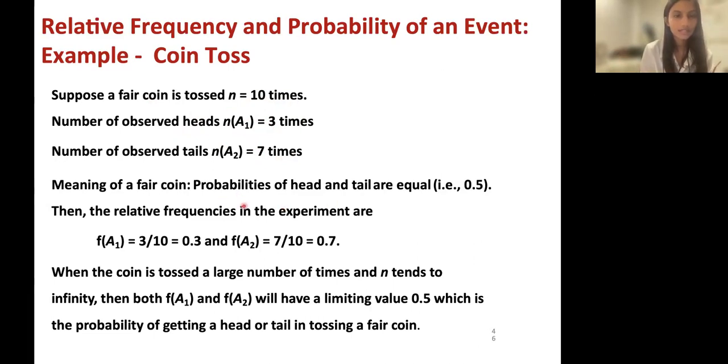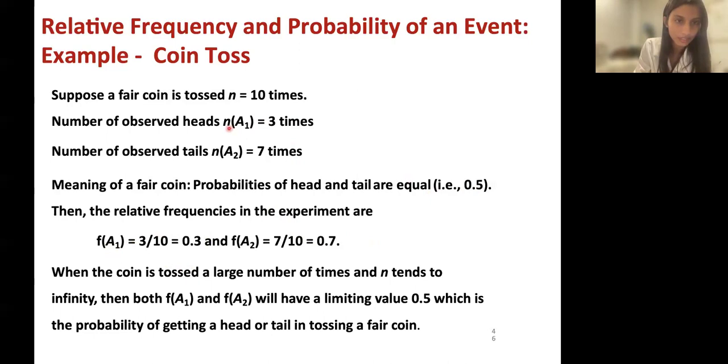Now, the probabilities of head and tail are equal. We know that the probability for head and tail to occur is 0.5. But in our observation, the relative frequency for head is 0.3 and for tail is 0.7. This is just based on one experiment. But if we continue this experiment many times and record the frequencies, they will converge to 0.5.